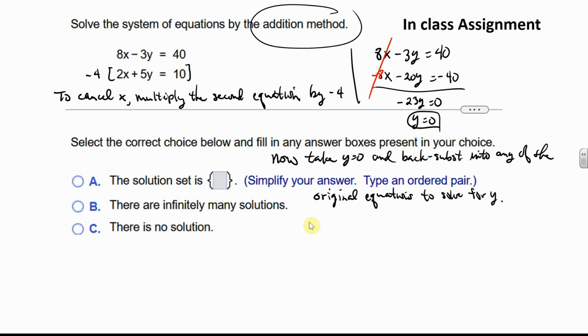So let's take the first equation. So if 8x minus 3 times 0 is equal to 40, so I get 8x is equal to 40, x is equal to 5. So my solution set would be 5 comma 0. Okay. Does that make sense? Yes, sir.